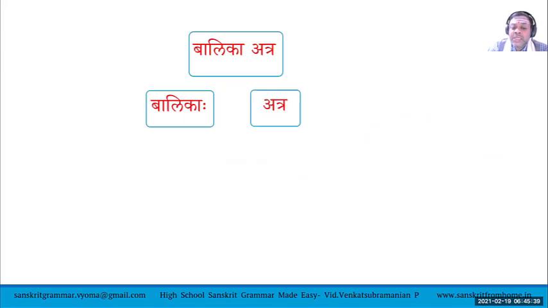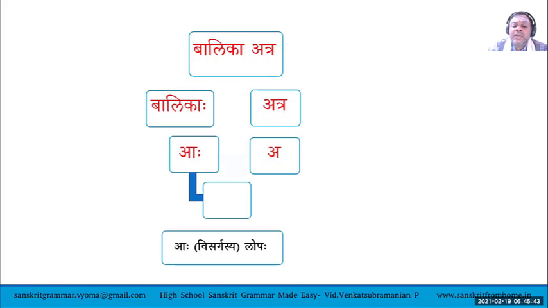Balika Atra is another example where akara and visarga, there is a visarga lopa which is happening. Balikaha Atra, Balikaha, visarga disappears and there is a visarga lopa.